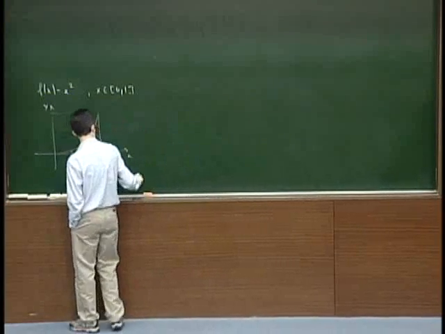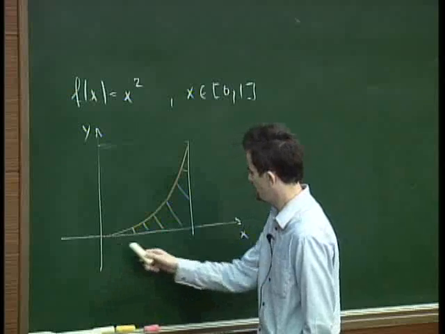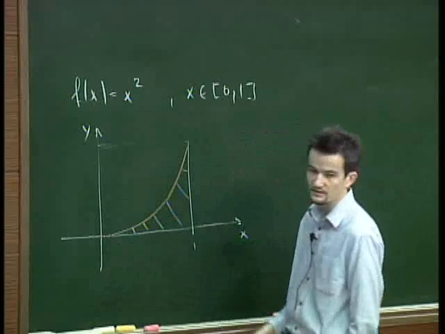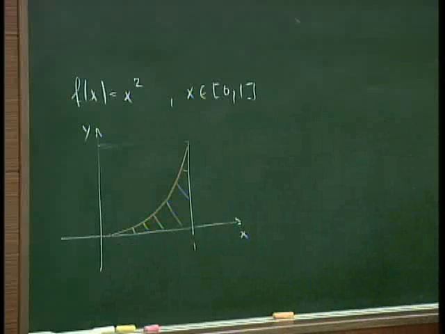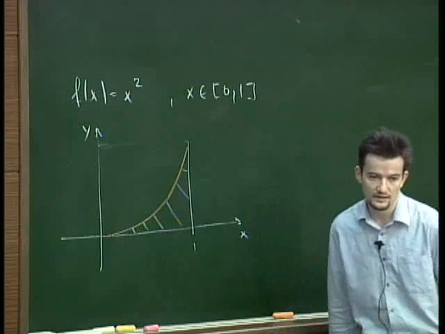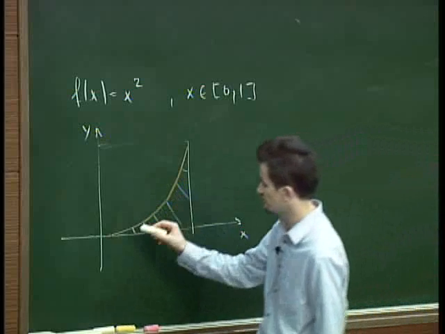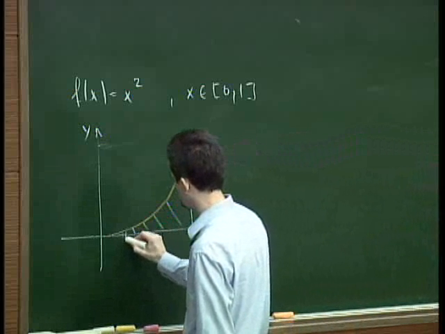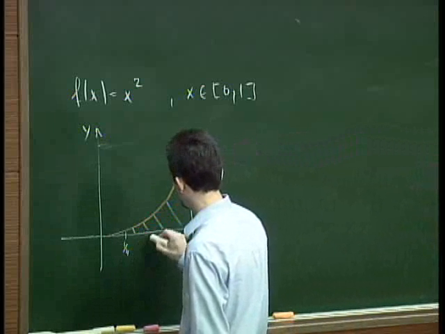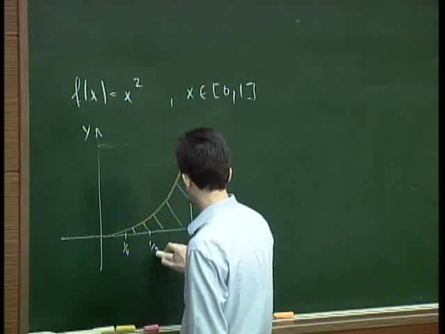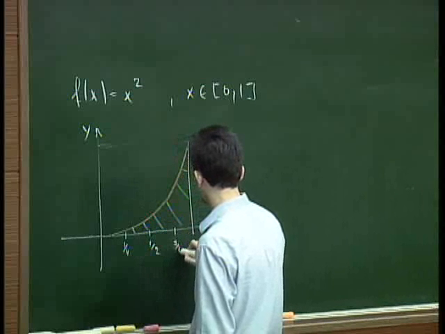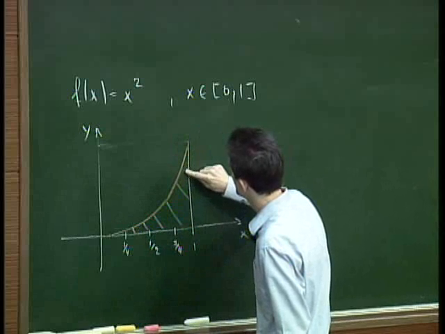Now, of course, there are several different ways to inscribe rectangles. In the sequel, we are going to use the following method. We divide the interval from 0 to 1 into subintervals. Just for convenience, we assume that all the subintervals have the same length. So for instance, if you divide it into 4 parts, you have here 1 over 4, then 1/2, then 3 over 4.